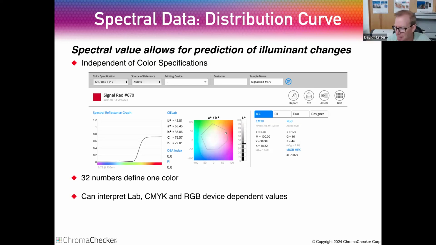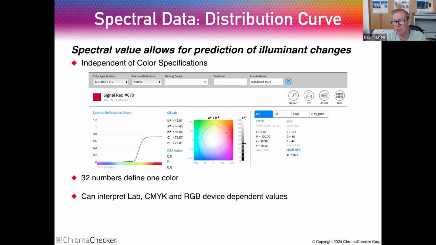Over on the right, because my ChromaChecker default is set for an HP Indigo, it gives me the CMYK breakdown for an HP Indigo of 0, 100, 90, and 18 will make that red. And it's a 1.78 delta E, so it's right on the edge of the color space, but it can be made.